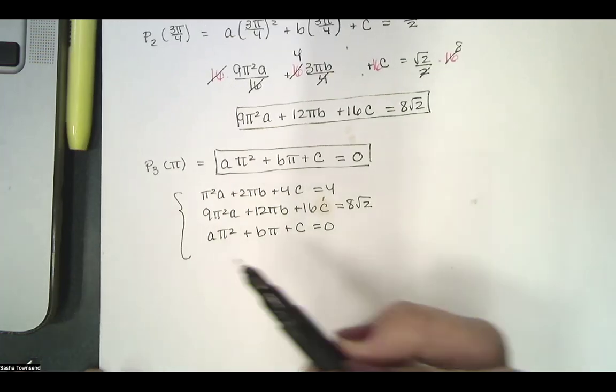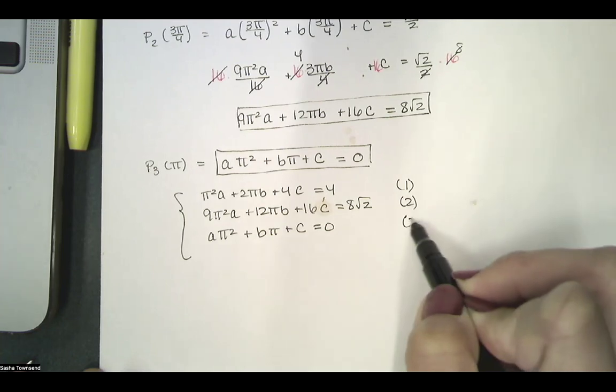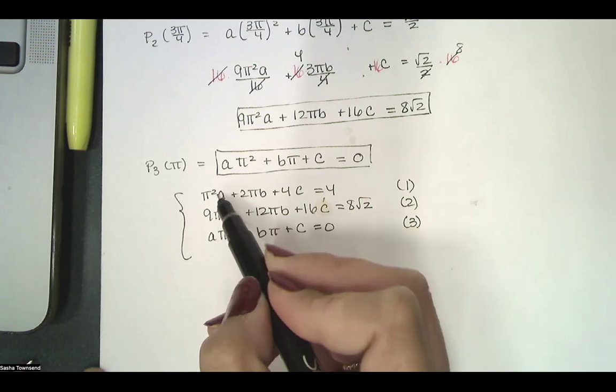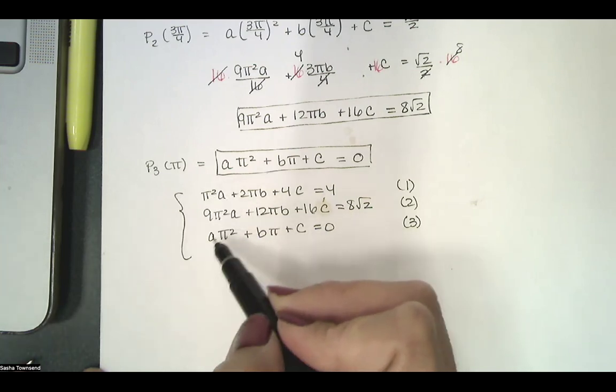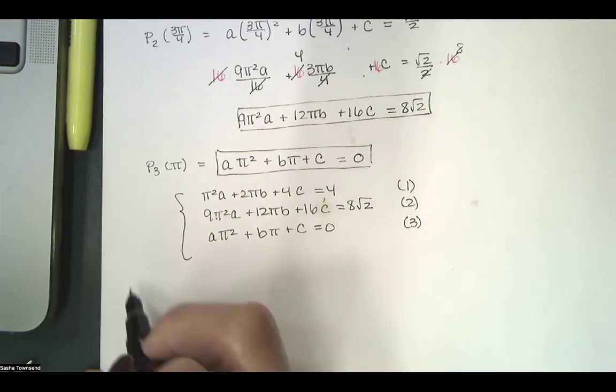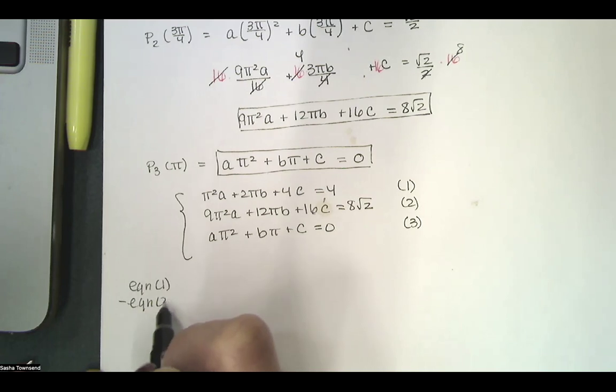I want to get rid of the a's first. So I'll call this equation 1, this equation 2, and this equation 3. So in order to get rid of the a's, I see that pi squared a for both of these. So I think I'll take equation 1 and subtract equation 3 in order to get rid of the a's.